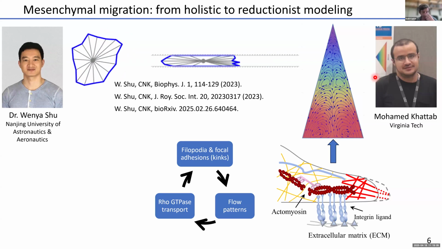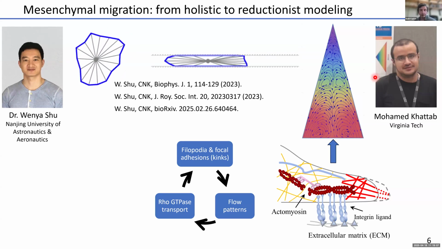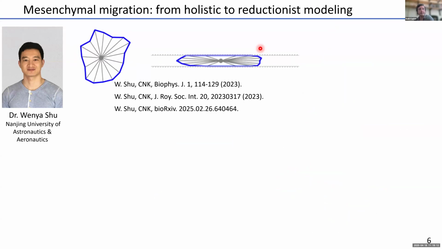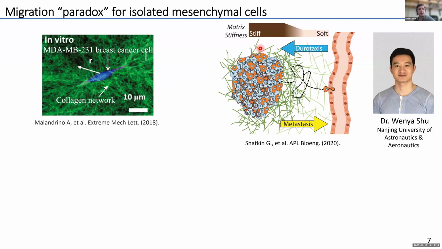So with that, let me first focus on the holistic modeling part of this talk. The main question when we first started thinking about mesenchymal migration and its mechanobiology was a more mechanobiological question than many other things that we can now tackle with this model.